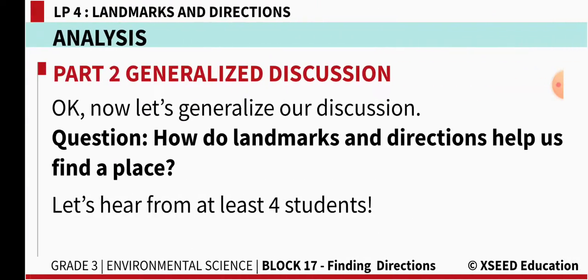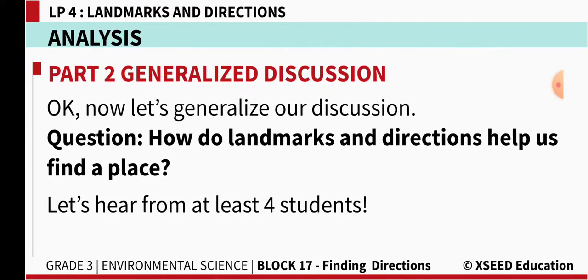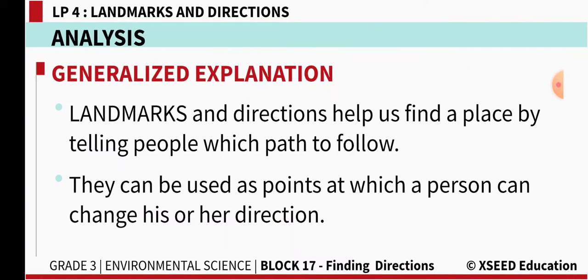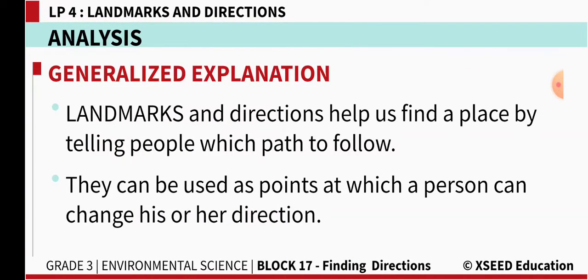And how do landmarks and directions help us to find a place? Landmarks and directions help us to find a place by telling people which path to follow. They can be used as points at which a person can change his or her direction. Okay, landmarks, how we are using to find a place or a direction.